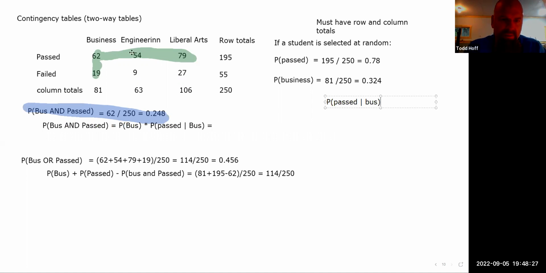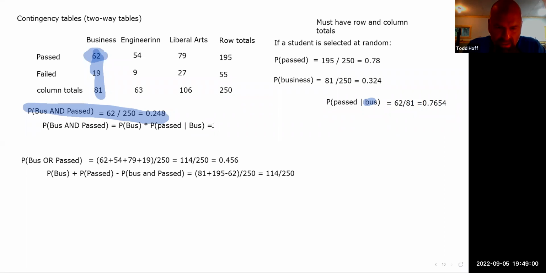So let me get some of this marking out of here. What this means, the given that it's a business student, means we are only looking at business students. We're only looking at this row. Of those, 62 passed. So that means that 62, but it's only out of the 81 business students. So I'm going to have to punch this in off screen. 62 divided by 81 gives me 0.7654. Is that probability?